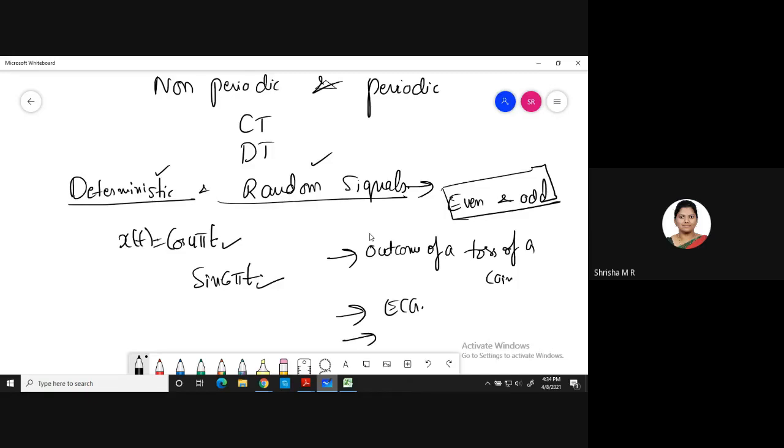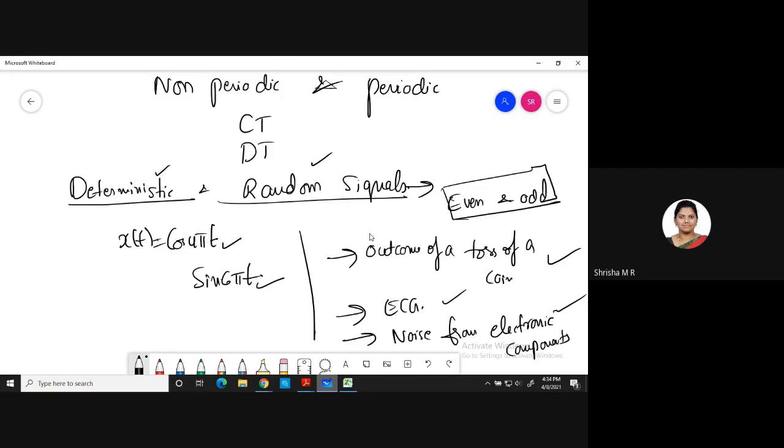Noise from amplifiers, like noise from the amplifier of a radio receiver, noise from electronic components. These are all random signals. You cannot predict at what time how much you get.